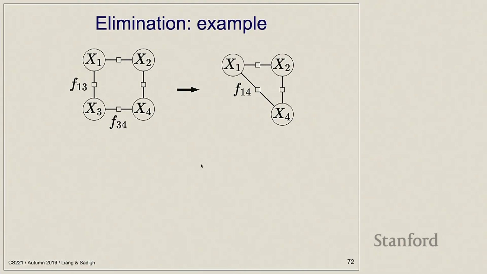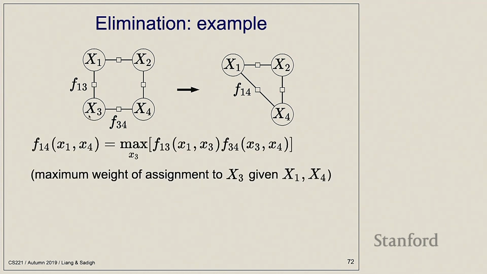So what this would look like pictorially, I guess, is every time you remove a variable, you take all the factors that touch it and you rope them all together and merge them into one big factor. And then internally what that factor is doing is optimizing over whatever variable you just removed.